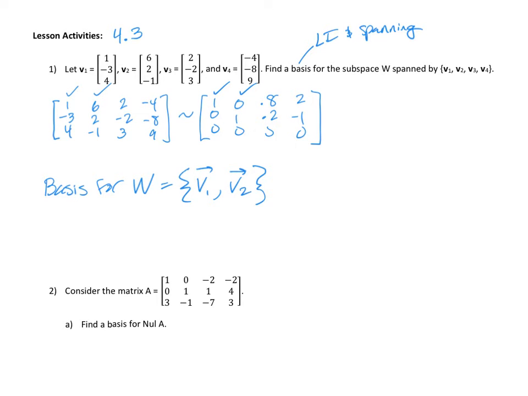So all the linear combinations of V1 and V2 is the same set as all the linear combinations of V1, V2, V3, and V4. Because V3 and V4 were free columns, they can be written as linear combinations of V1 and V2, so they're redundant. We don't need them.